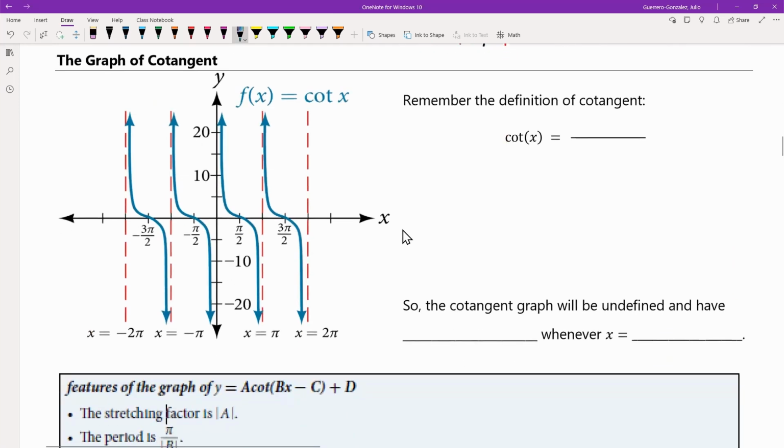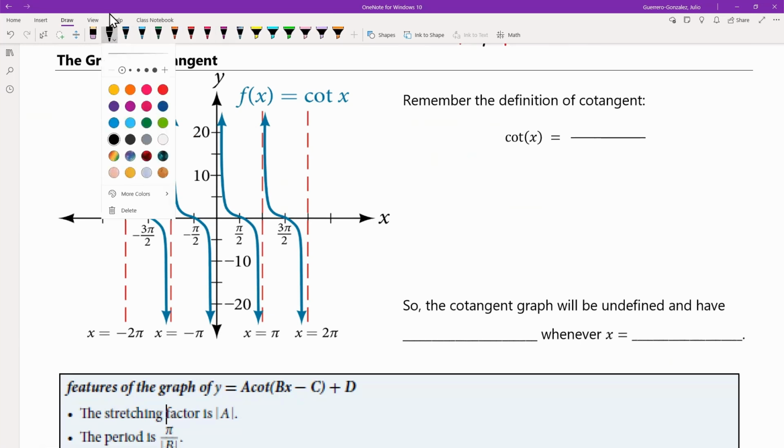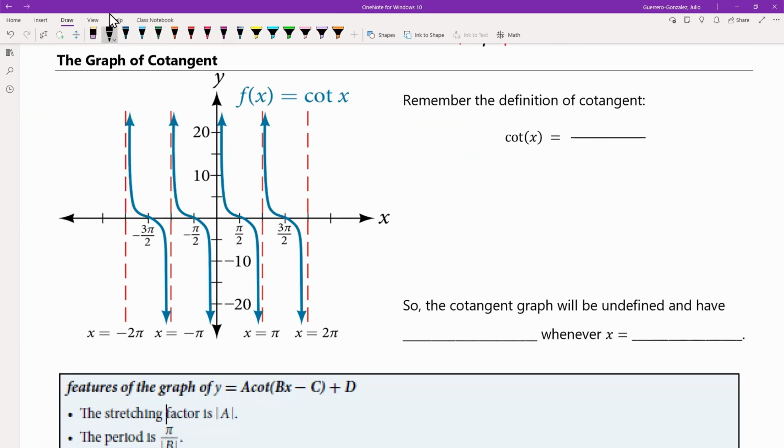The graph of cotangent. Guess what's going to happen here? Back from chapter 5, we know that cotangent is cosine of x divided by sine of x.